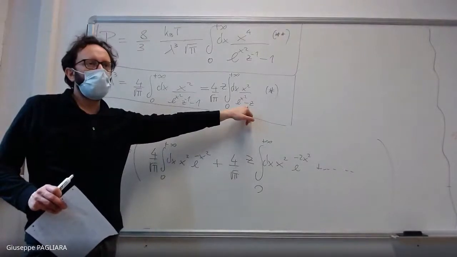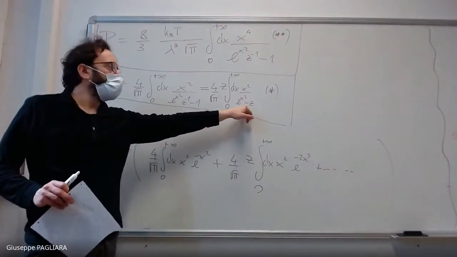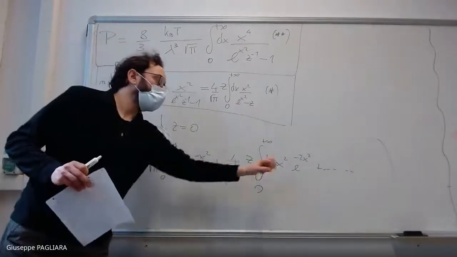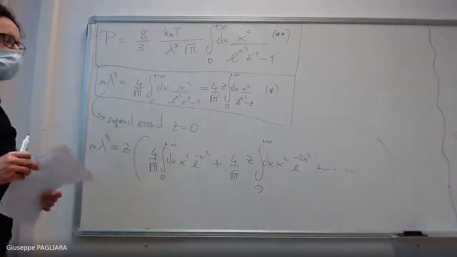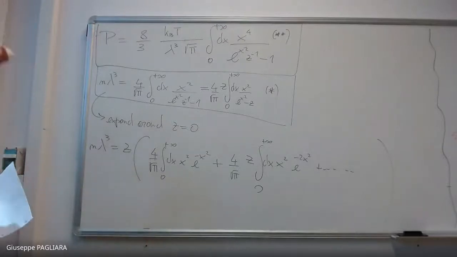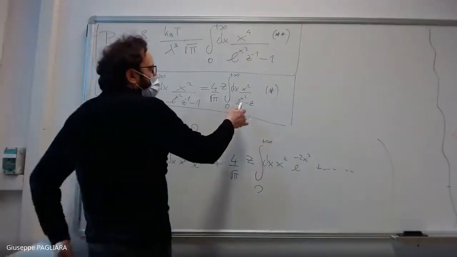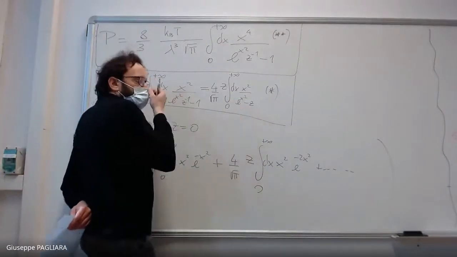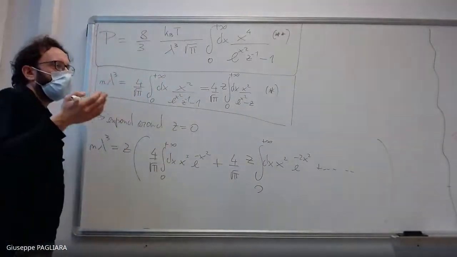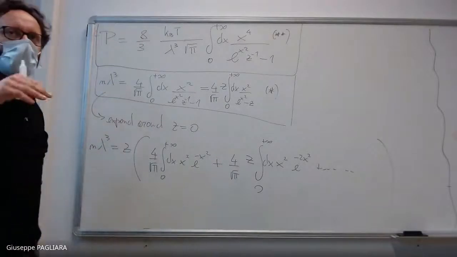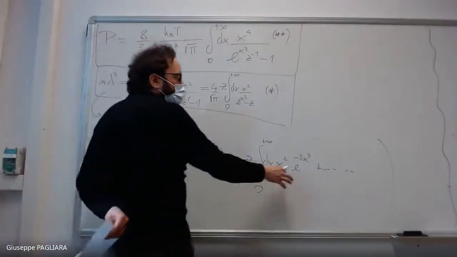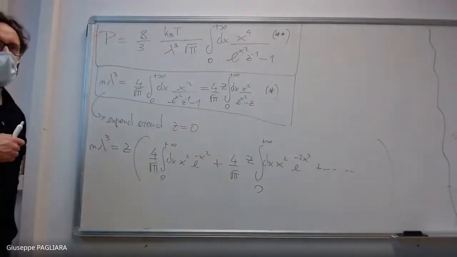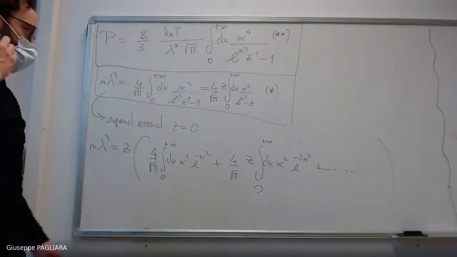Then I compute at z equals 0, and then I get e to the 2x squared, which on the numerator becomes e to the -2x squared. And all the other terms are similar in the sense that when doing the derivative with respect to z, I always get a denominator at the power of 2, power of 3, etc. And computed at z equals 0, I always get an exponential of minus a certain number times x squared.